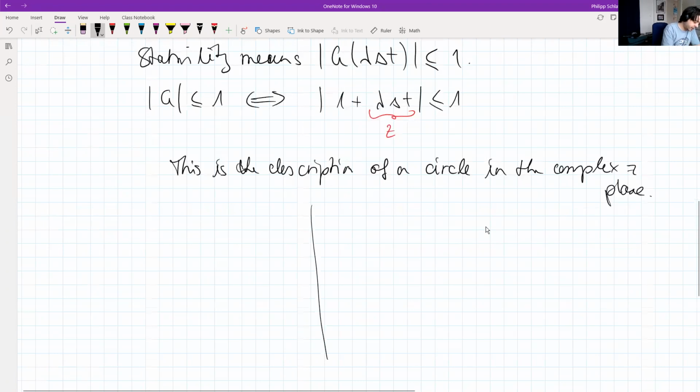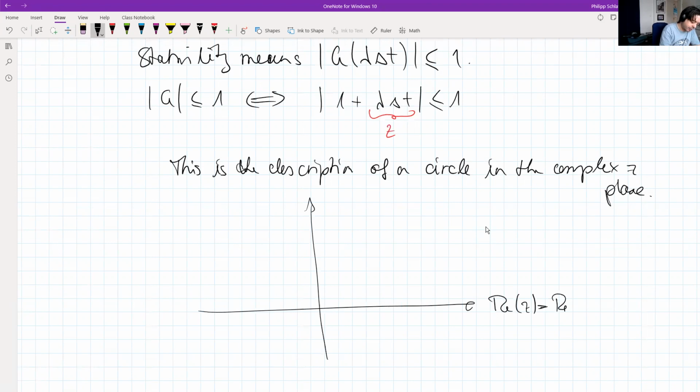So if I sketch this, this is my complex plane. So here I would have the real part of z, which obviously is the real part of lambda delta t, which is lambda_r times delta t. And here I have the imaginary part of z, which with the same reasoning is lambda_I times delta t.